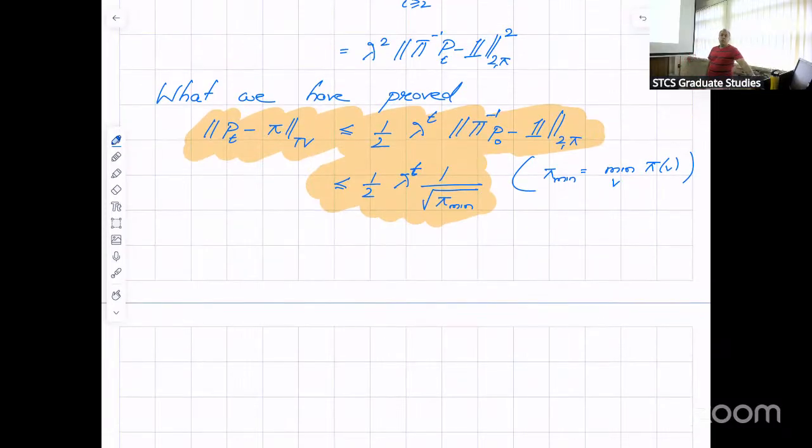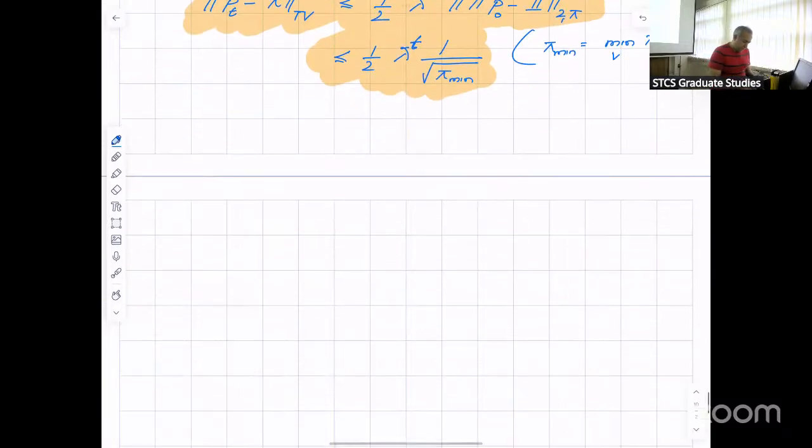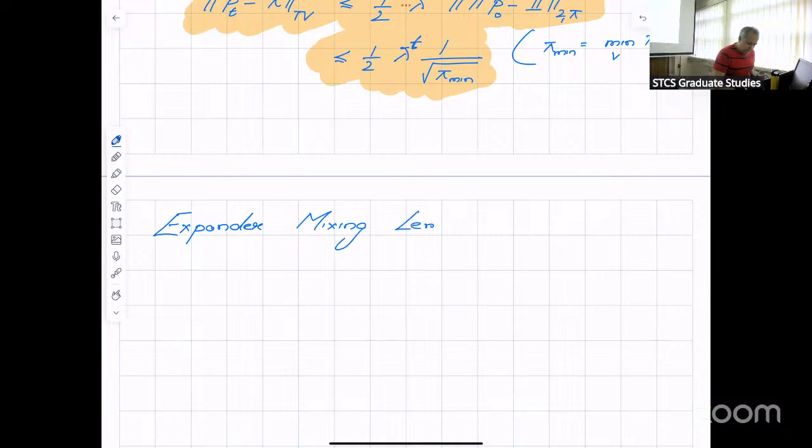This should explain why, once you have a reversible, irreducible random walk, it will converge to the stationary distribution. It's a very simple, clean proof. The proof of this is very quick, so we'll just finish this and wrap up for the day. Expander mixing lemma.